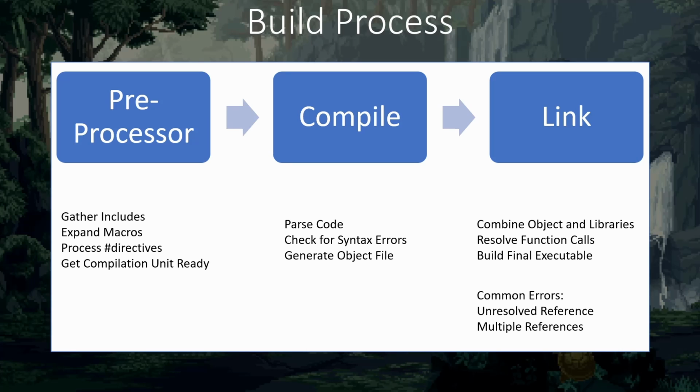The last step is where everything is put together, and this is known as linking. All of the object files from all the different compilation units are taken and put together into a final executable. The linker takes the list of external function calls from each object file and finds out where the code for them actually is defined.